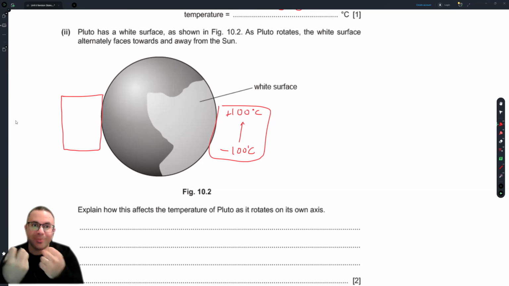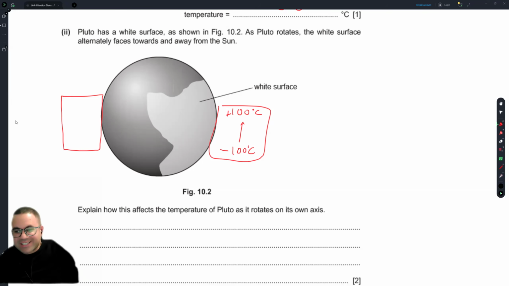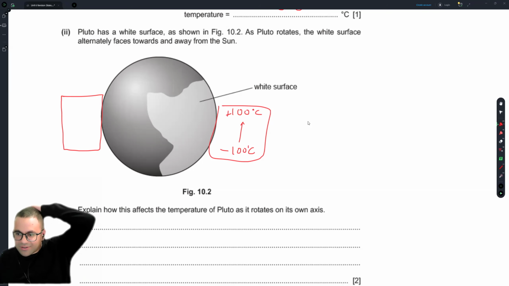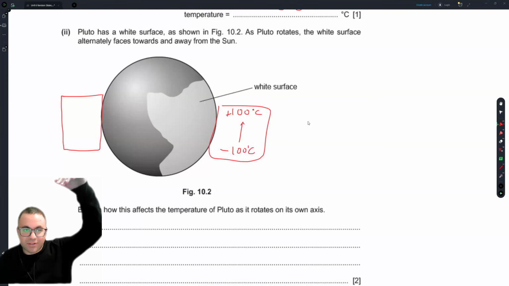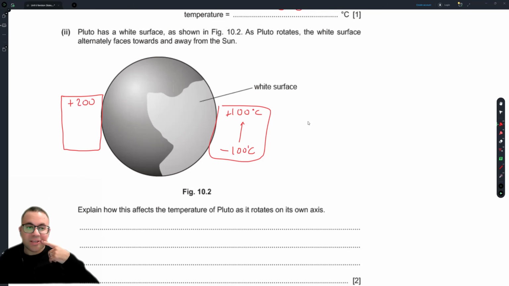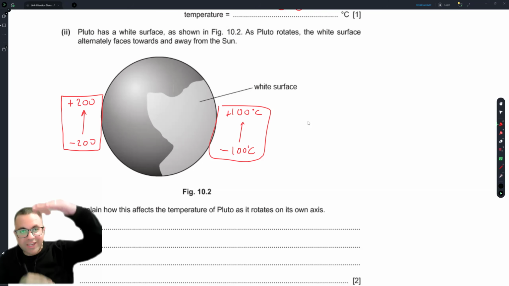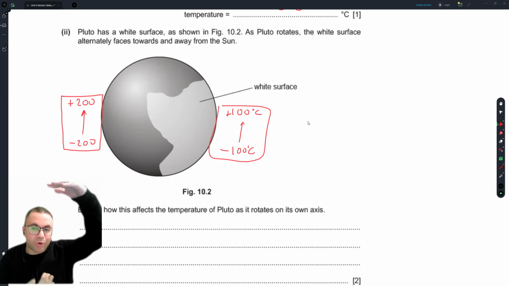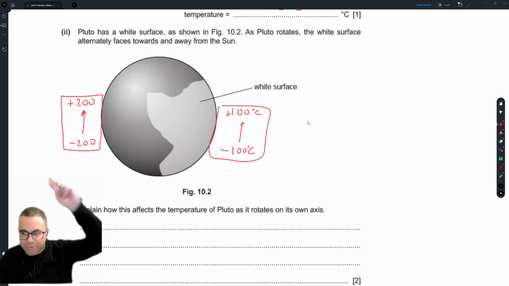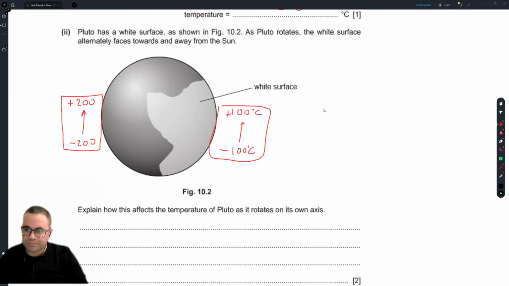The black side is a good absorber of heat, so its maximums will be higher, so plus maybe 200. And its minimums will be lower, so maybe negative 200. Keep in mind, this is what we call a temperature range. The range is bigger. You have lower minimums and higher maximums, both.